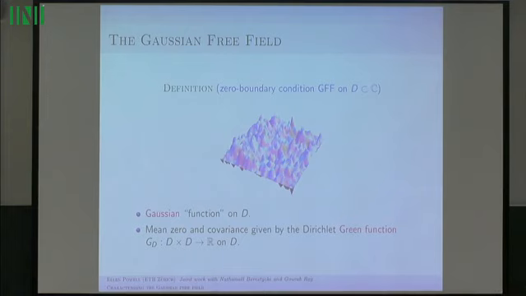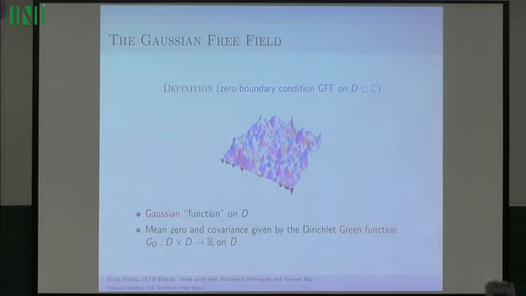And we want this to be given by the Dirichlet Green's function. So this function G_D at the point (x, y) is just the expected amount of time that a Brownian motion starting at x spends at the point y before it leaves the domain. So this is the Green's function with Dirichlet boundary conditions.